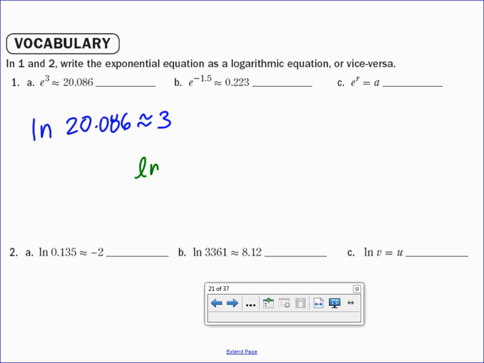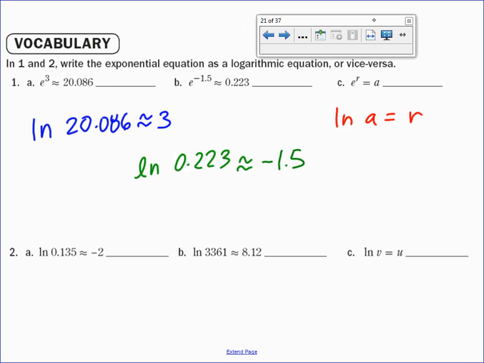The natural log of 0.223 is about negative 1.5. The natural log of A equals R. And the corresponding exponential formula you guys can do.